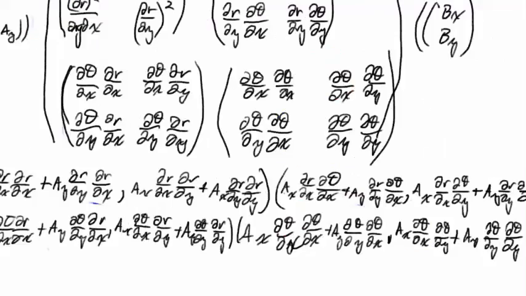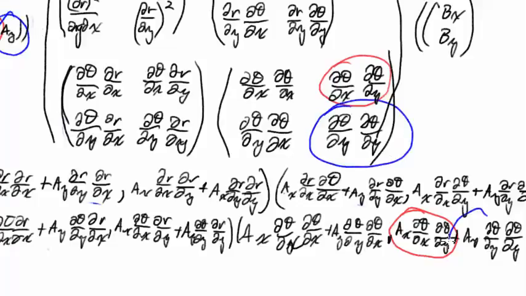And finally, a sub x times ∂θ/∂x ∂θ/∂y gives that, plus a sub y times ∂θ/∂y ∂θ/∂y gives that.